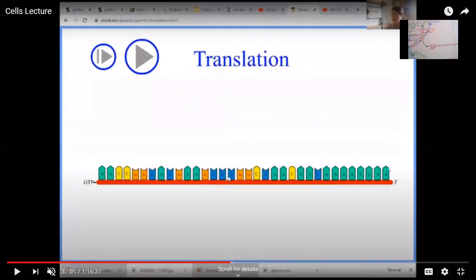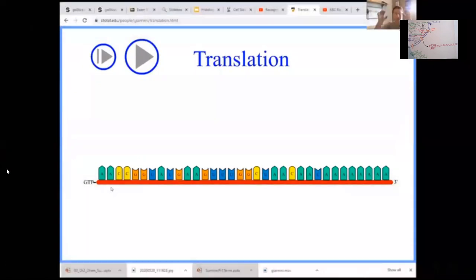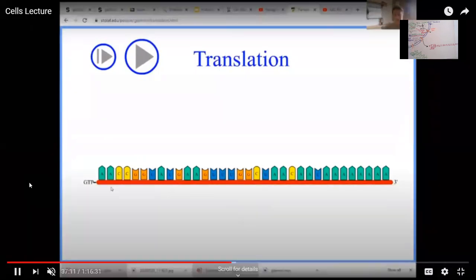This is the recipe. You can see that there are no T's, it's only U's. So this must be mRNA. Here's the cap, here's the tail. Here I am explaining exactly what I just explained to you.